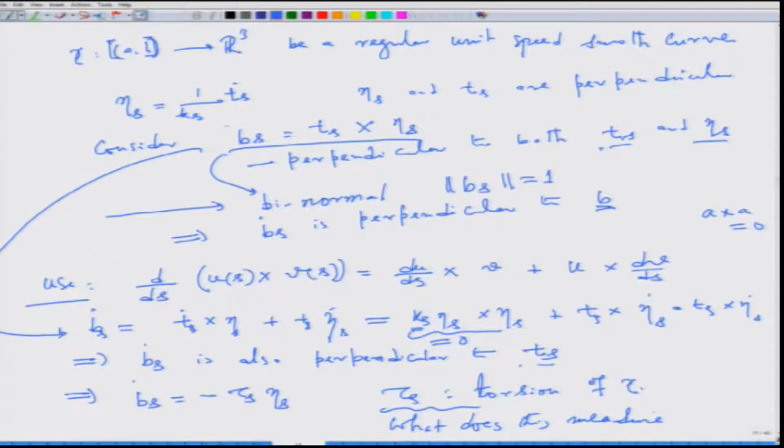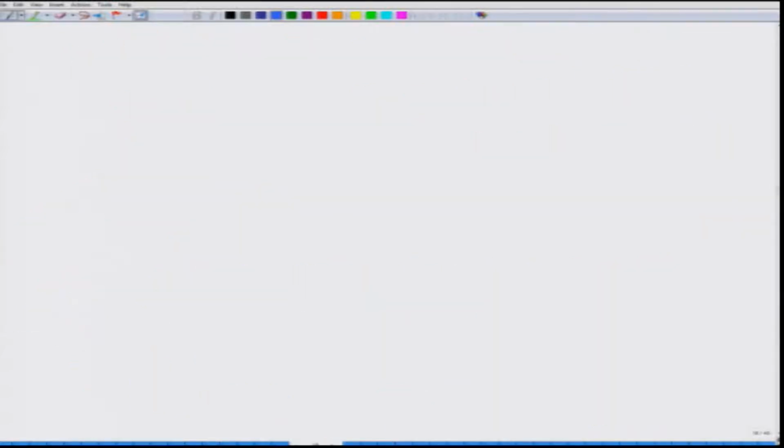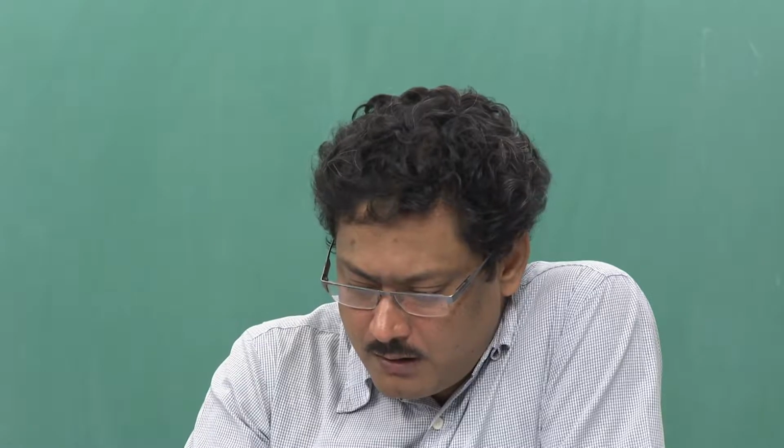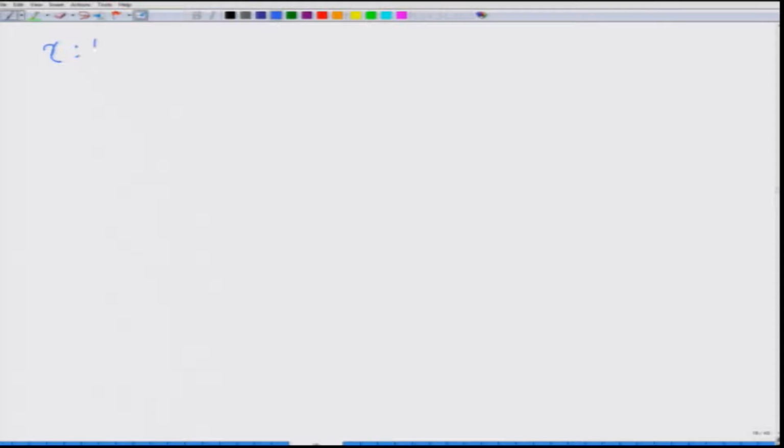To see this, let us say I have a curve gamma, and suppose I have unit speed, regular, everything smooth, and the torsion is identically 0. So, I want to see what torsion measures. Let us see, if I have a curve whose torsion is 0, what does it mean?